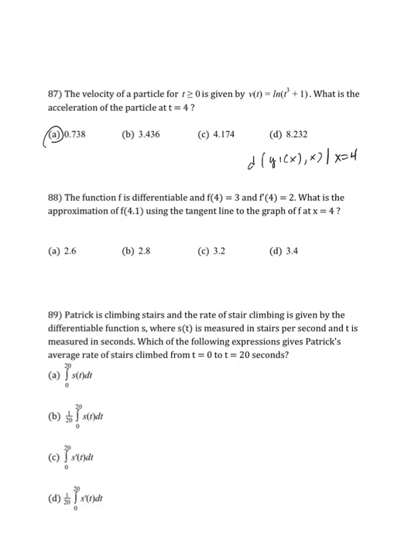Okay, let's look at 88. The function f is differentiable. F of 4 is 3. F prime of 4 is 2. What is the approximation of f of 4.1 using the tangent line? So for the tangent line, you use the point slope formula. You're going to replace the slope with 2, x1 with 4, and y1 with 3.